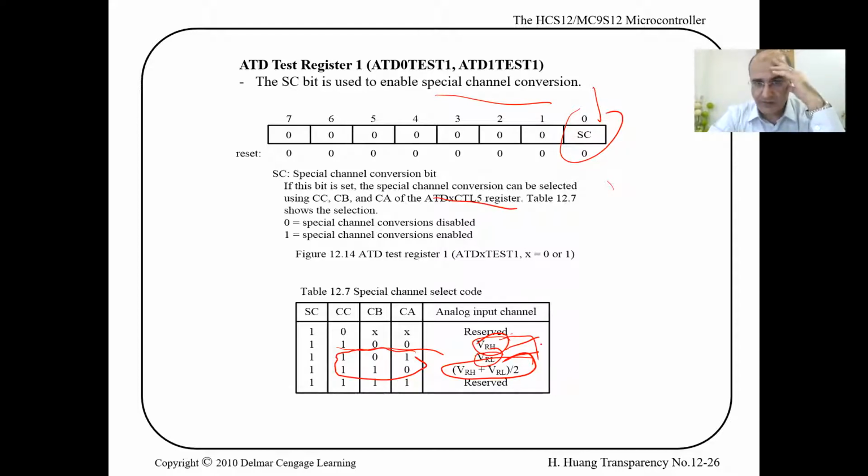Special means it will internally connect your channel to the voltage source or to the ground or whatever. This would be handy and useful if you want to monitor your battery power, if you're battery powered. Special channel.